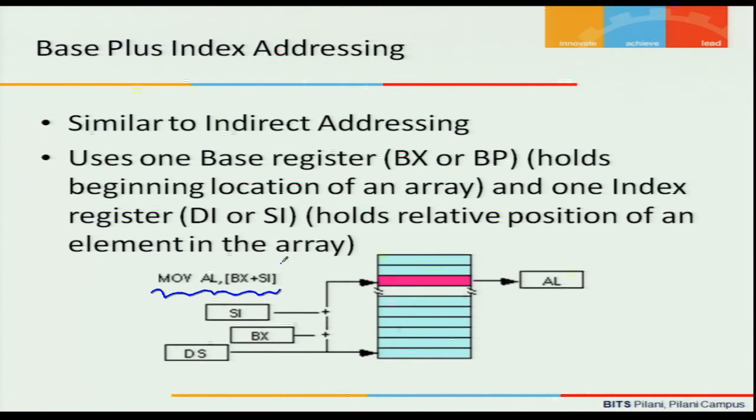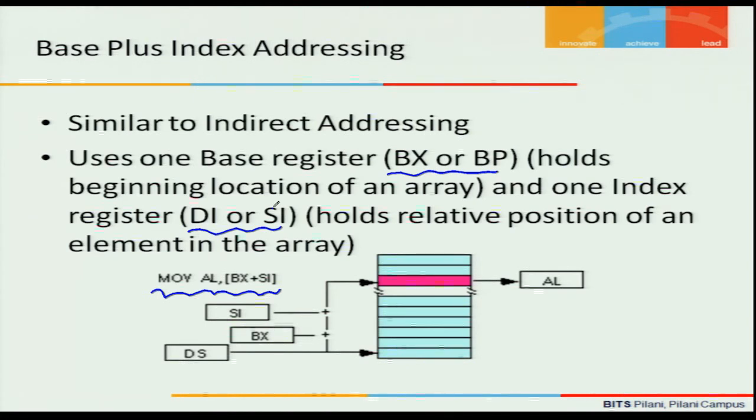In the register indirect addressing mode, which we were just talking about, the offset is contained in only a single register, while here it is calculated as a summation of the contents of two registers. Typically one of the registers would be BX or BP, which will hold the beginning location of an array, for example, and the other register would be DI or SI. Those are the possible combinations that you can use.